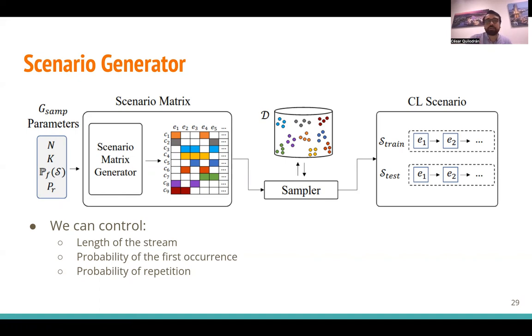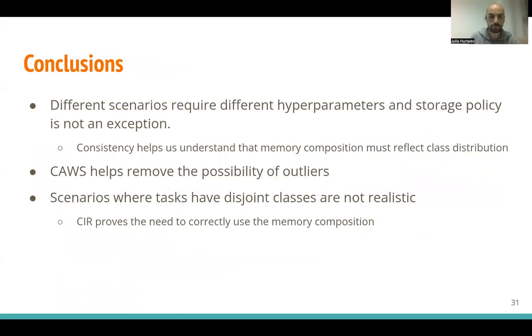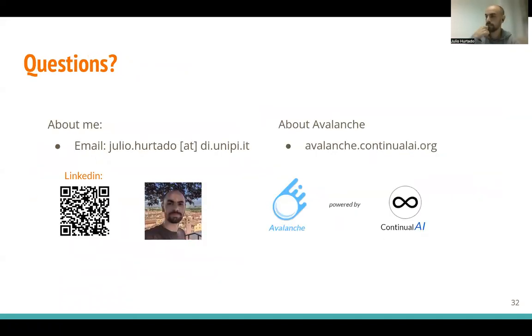Yeah, and the last question was, can you explain a bit more about Avalanche? Yes, of course. Avalanche is powered by ContinualAI. Let's talk a little about ContinualAI. ContinualAI is a group of many researchers who work on continual learning, and we have a Slack if anyone wants to join. Avalanche addresses the problem of reproducing experiments in the continual learning community.